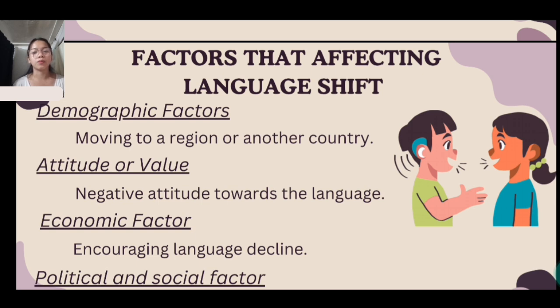Demographic factor, moving to a region or another country, may be one of the great causes of language shift. Let me give you an example. A large group of people from a rural village speaking a minor language like Quechua in South America move to an urban area where Spanish is dominant.